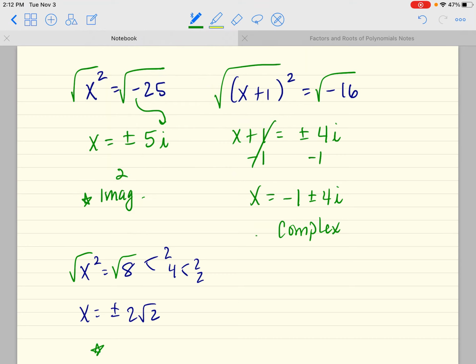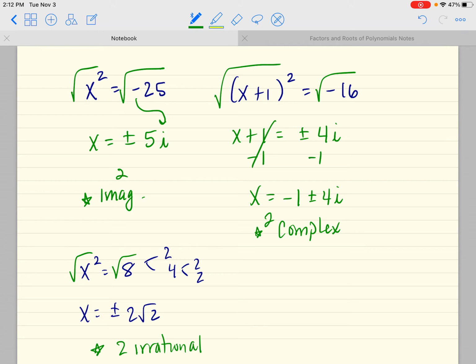So this was 2 imaginary, this was 2 complex, and this was 2 irrational solutions. Okay, now something is true about all of these situations. The only time we ended up with the one solution, remember, for our quadratics was when we had the 0 under the square root. But in any other case, we ended up with the two solutions.